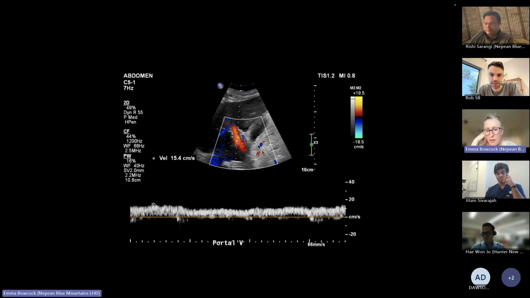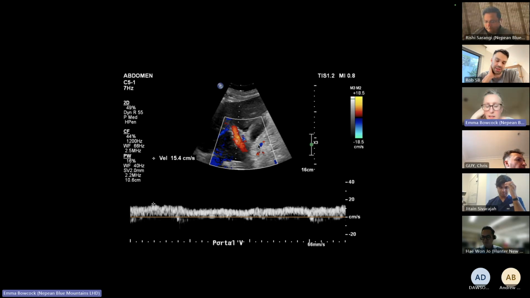Yeah. Very nice. So just recap to me, anyone can jump in. What are the features on ultrasound to suggest acute cholecystitis? If you could list them. So increased gallbladder wall thickness, so more than 3 millimeters. Pericholecystic fluid, which this lady had.